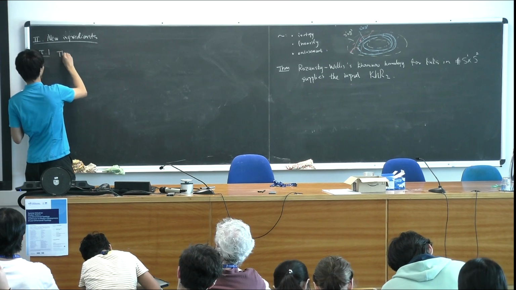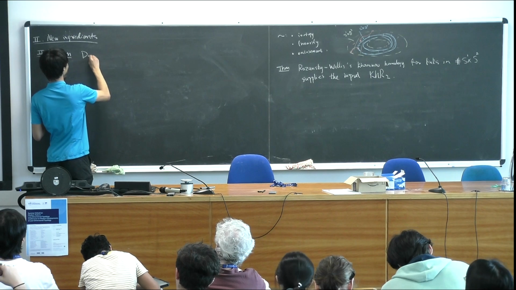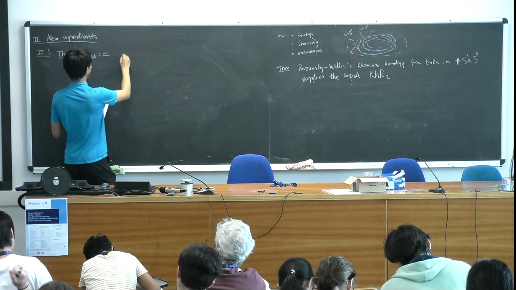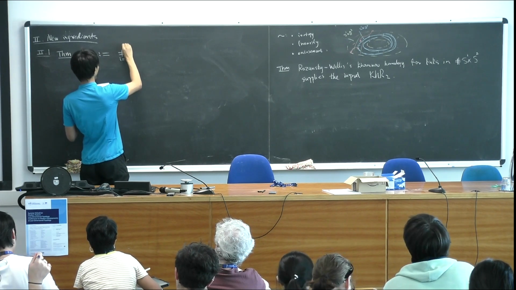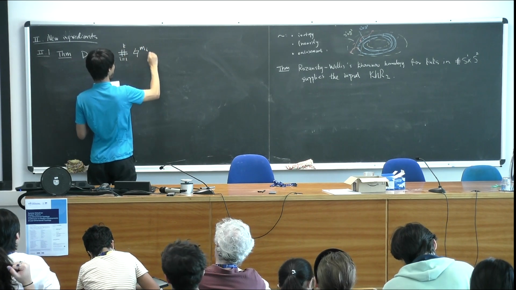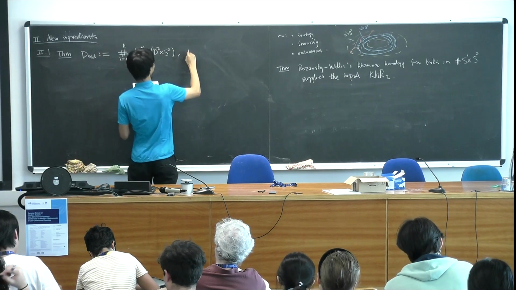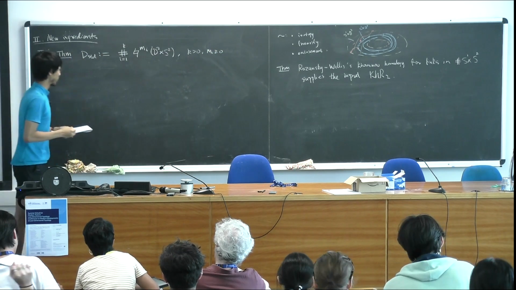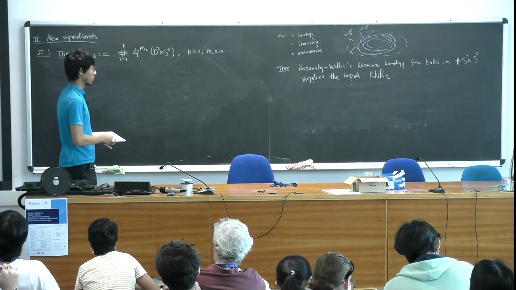Ingredient 1, so we have a theorem, and let E standard denote a four-manifold, a boundary sum over i from 1 to k of m_i copies of D2 times S2, where k is greater than 0 and m_i is greater than or equal to 0. This is a very particular four-manifold. Doesn't seem to have anything to do with the picture over there.